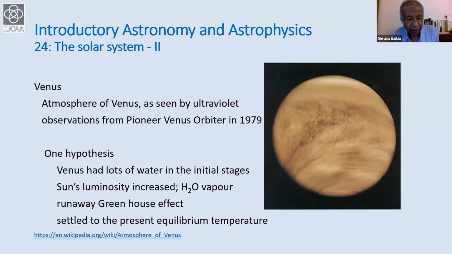But I don't think we have so far put seismometers on Venus, so we have not really recorded seismic waves to study the interior of Venus. But we have learned a lot from the Venera landings on the surface of Venus.